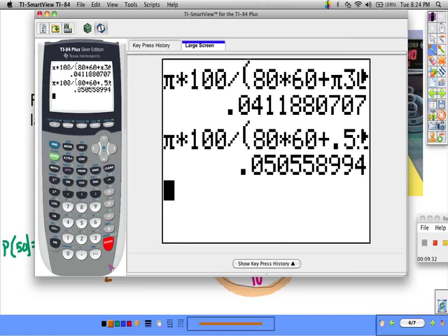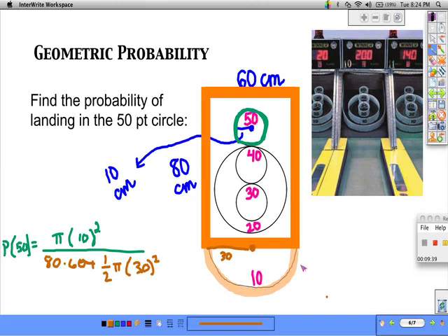Now I push enter, and so my probability is 0.05055 and so on. So this is approximately 0.051. So about 5% of the time we would hit the 50-point circle, which essentially says that it's about 1 in 20 if we're randomly throwing balls into the scoring zone.